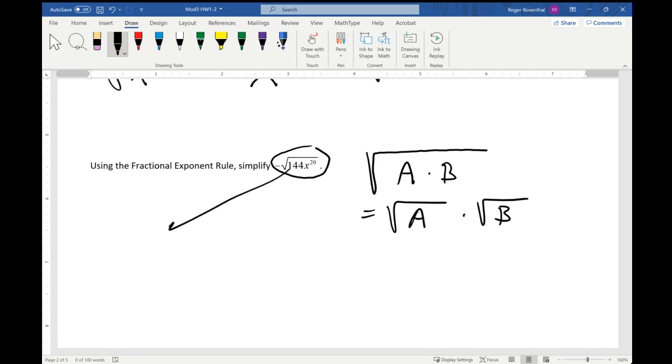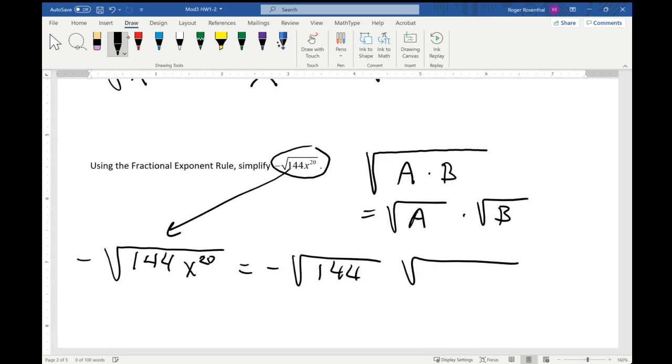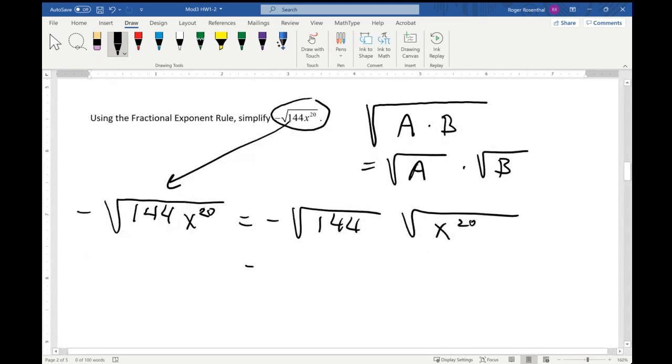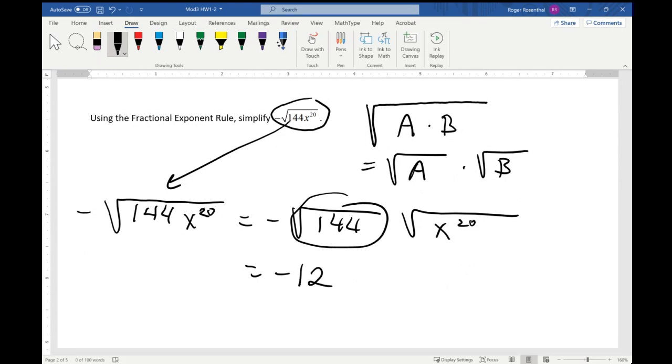So let's take this thing here. It's negative the square root of 144 times x to the 20th. I can split that into negative square root of 144 times square root of x to the 20th. Now the square root of 144 you can do in your calculator. You'll see that's exactly 12. And the square root of x to the 20th, well, I can use the thing we did a moment ago.